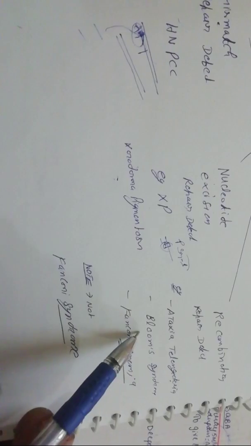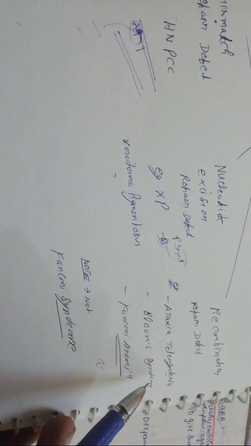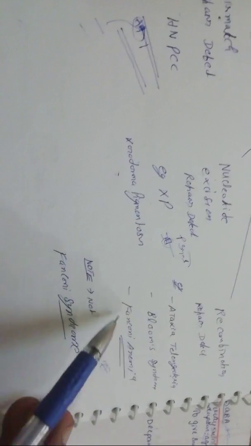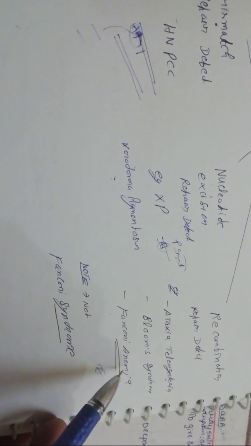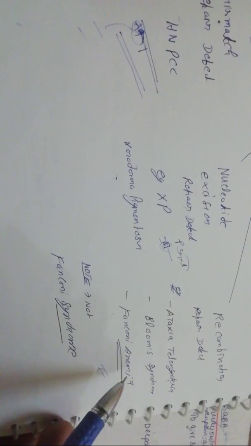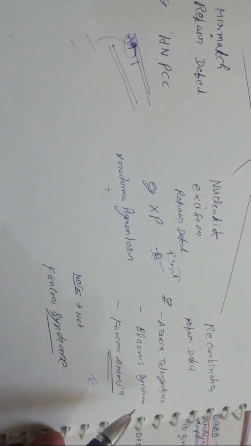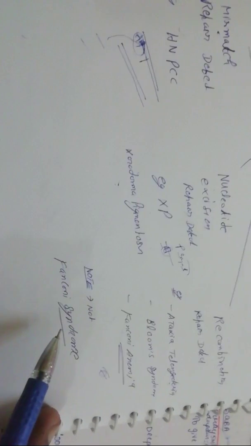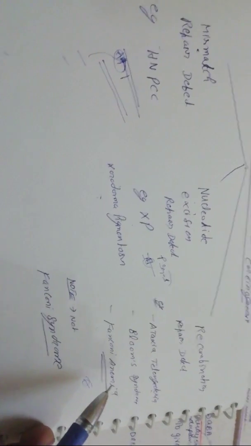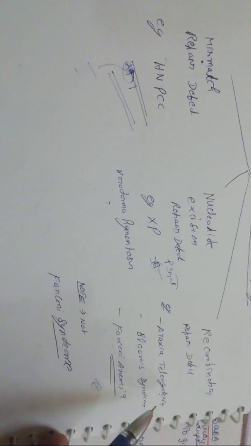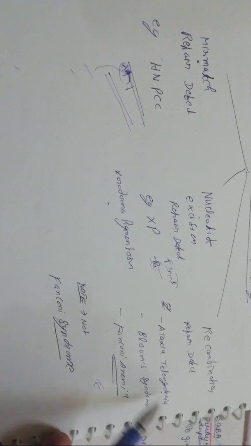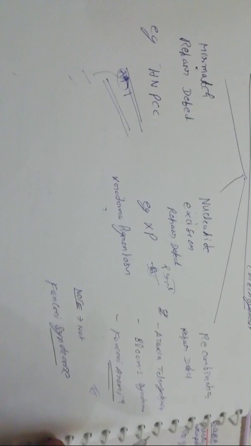Next, Bloom's syndrome is a condition where you have a short stature here. It can be a precancerous condition. Then Fanconi's anemia, right, where there is bone marrow depression here. One thing you have to understand, this is Fanconi's anemia. It's not Fanconi's syndrome. It's Fanconi's anemia. Ataxia telangiectasia, Bloom's syndrome, and Fanconi's anemia come under this recombination repair defect.